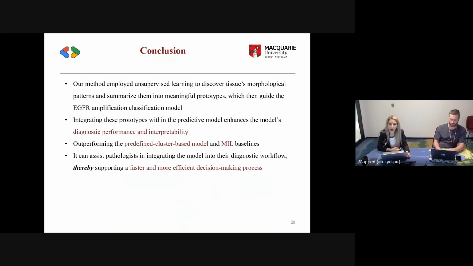So it could outperform the traditional predefined cluster-based models and multi-instance learning baselines. As we are now collaborating with clinicians, we believe it can assist pathologists in integrating the models into their diagnostic framework. Therefore, it can support a faster and more efficient decision-making process.